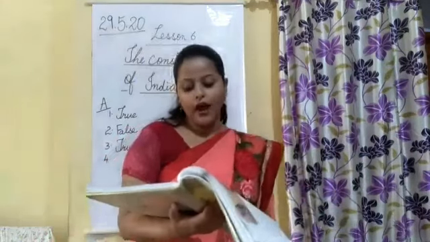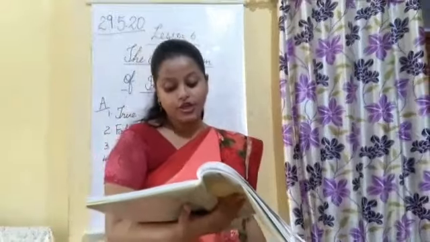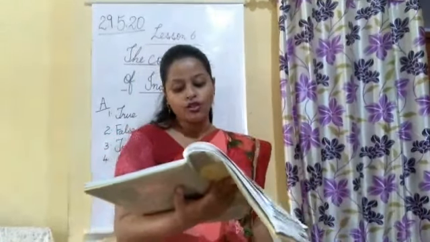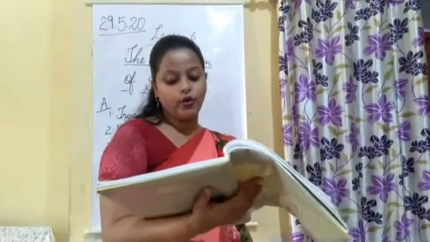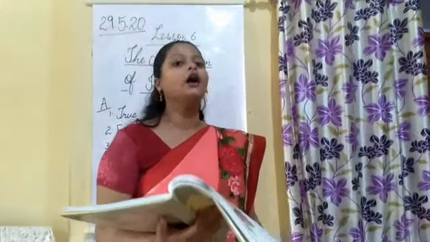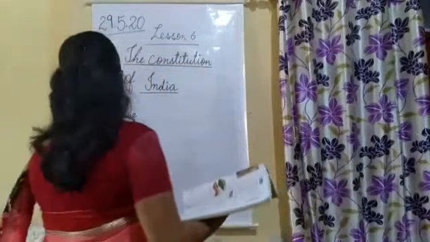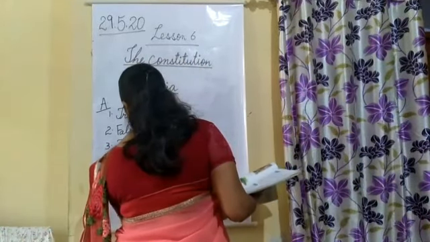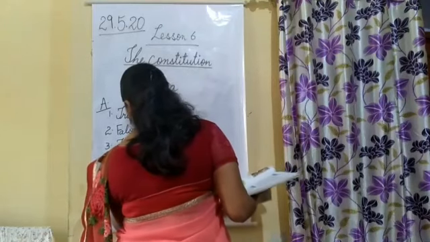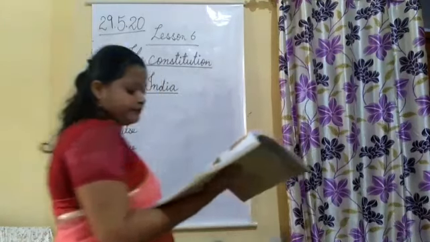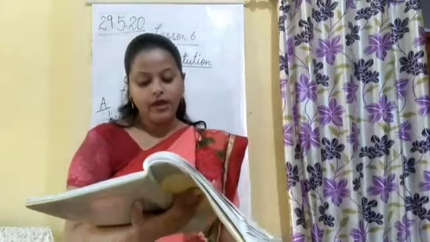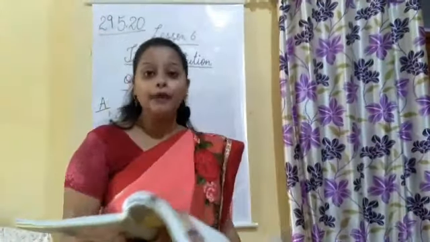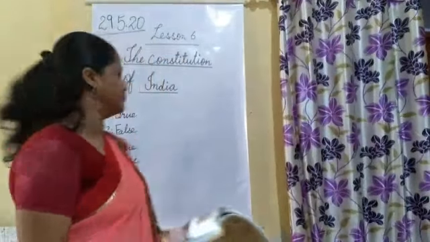Fourth, the right against exploitation allows every citizen to move court if any of the fundamental rights are denied. Answer, false. Question number 5, it's our fundamental duty to take care of public property. Answer, true.